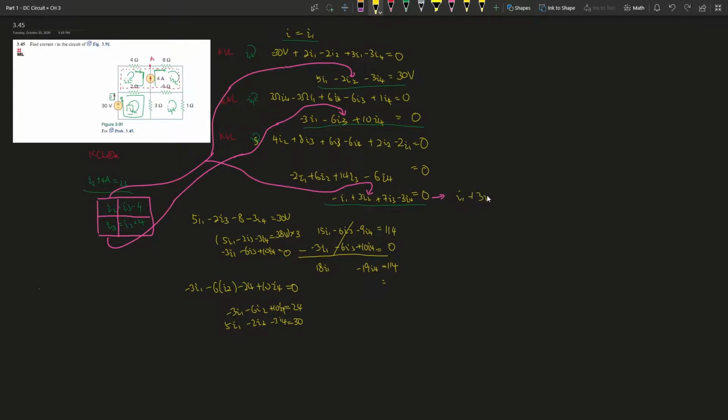What is I2? That's 3I3 minus 12 plus 7I3 minus 3I4. That gives us 0. So negative I1 plus 3I3 plus 10I3 and minus 3I4. Okay?